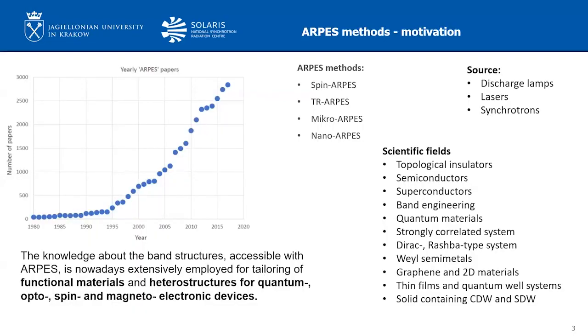In recent years, the number of publications on the study of band structures using the ARPES method has increased significantly. This is a consequence of the discovery of the topological insulator, the technical development, and the possibility of using new light sources to excite photoelectrons.